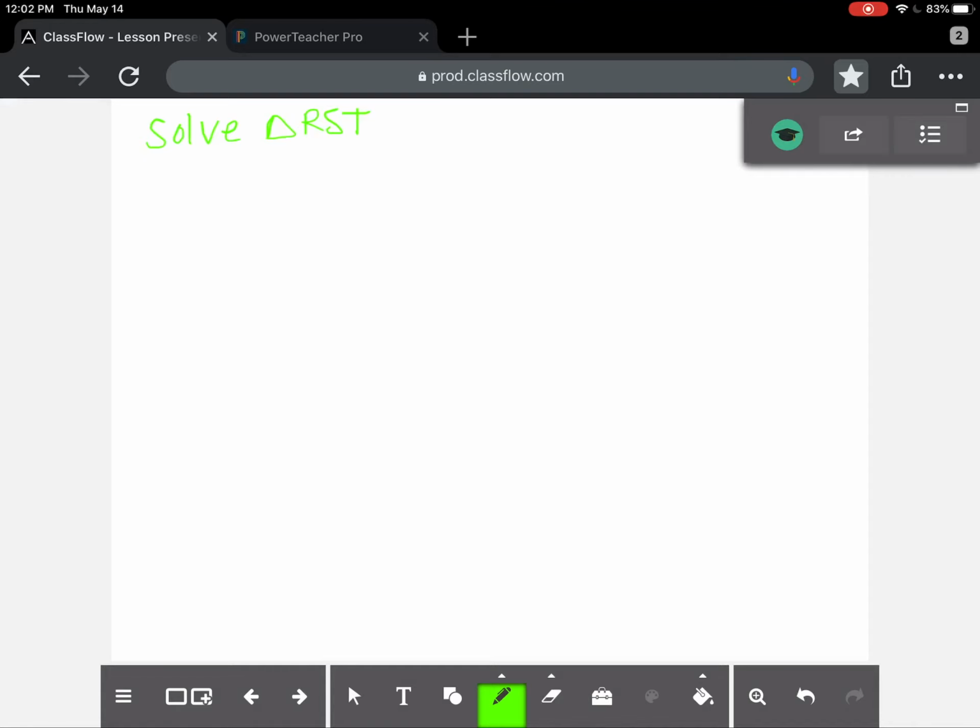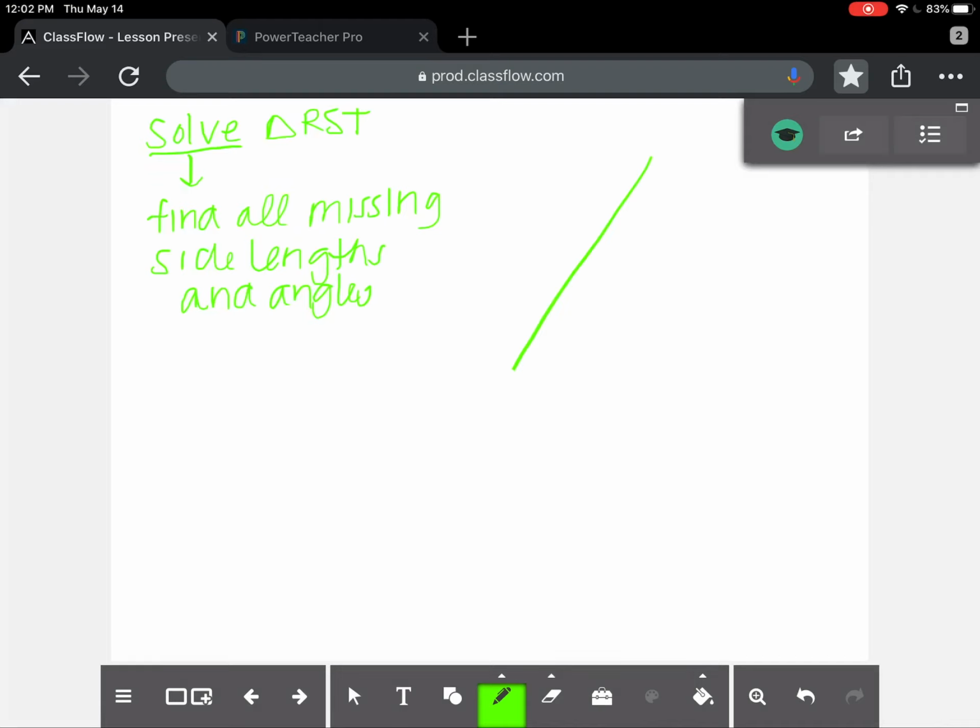Okay, so let's move on to doing some examples using law of sines. So the first one is solve triangle RST. When it says solve the triangle, it means find all missing side lengths and angles.